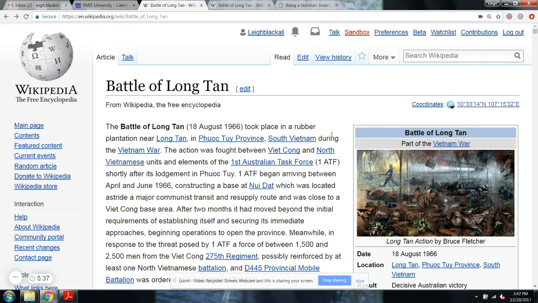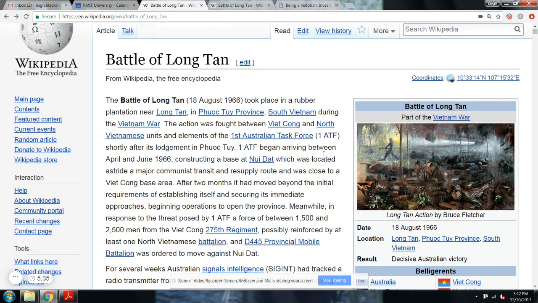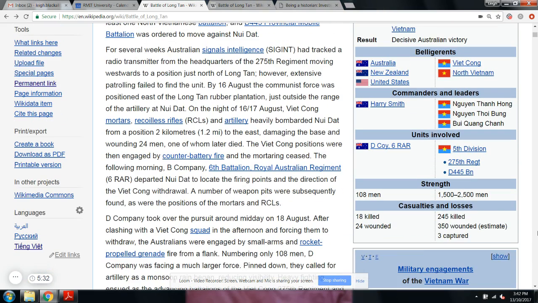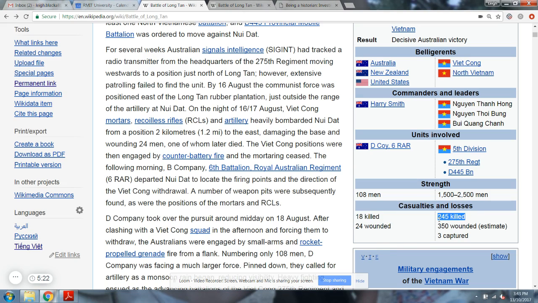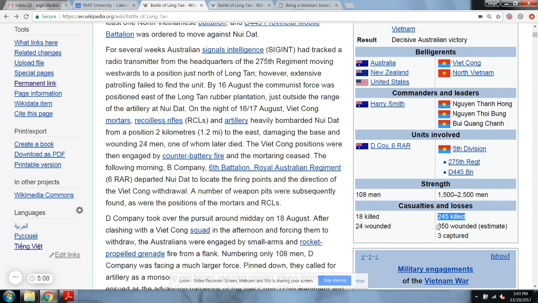In this case, the Battle of Long Tan and the official casualty rate, and there it is there: 18 Australians and 245 Vietnamese killed, which, well, it's official in English history, but as for the Vietnamese history, I'm not sure what the official account is. But at least there's a reference to an Australian author who questions that, as well as a Vietnamese veteran.